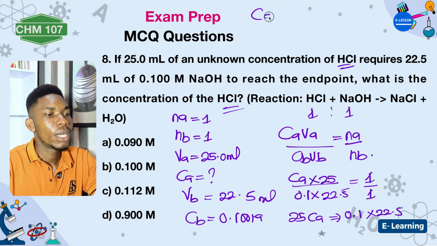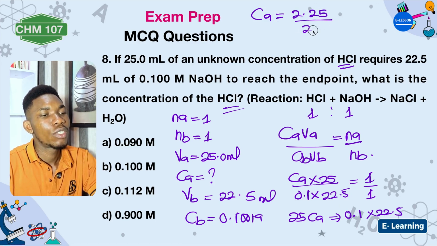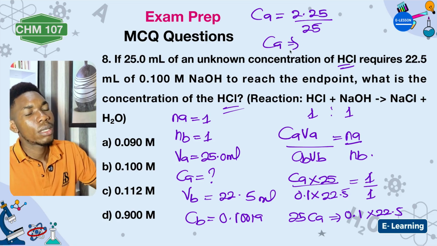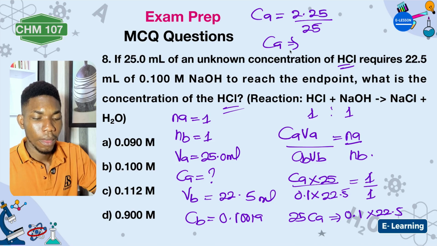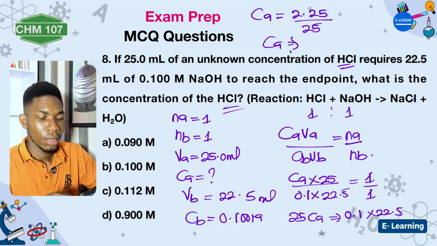Taking it up here, Ca will be equal to 0.1 times 22.5, which gives 2.25, divided by 25. So Ca is 2.25 divided by 25. What will that give us?